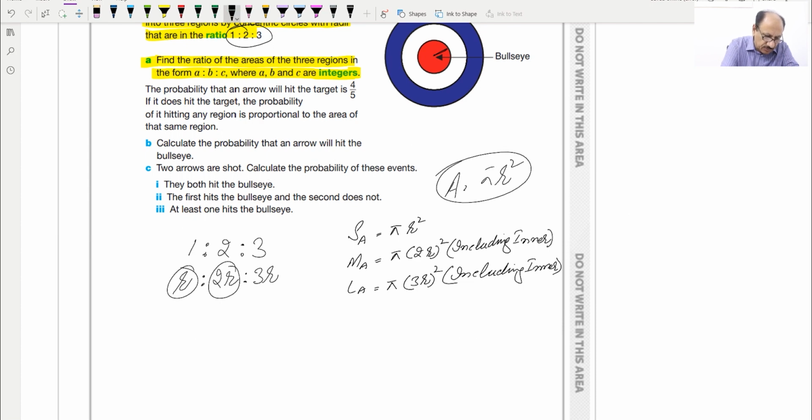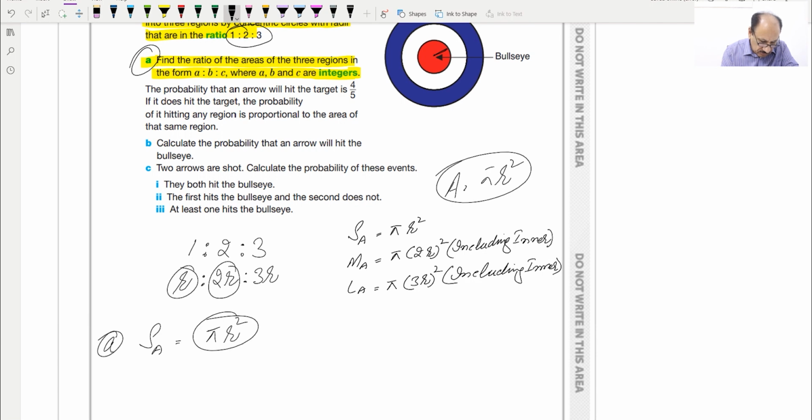Now we can start solving A part, and A part says the ratio of areas of 3 regions. So the small area, the area of the small circle, as we discussed, is pi r square.